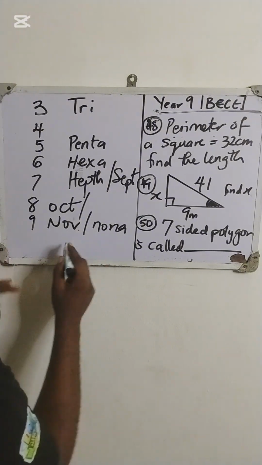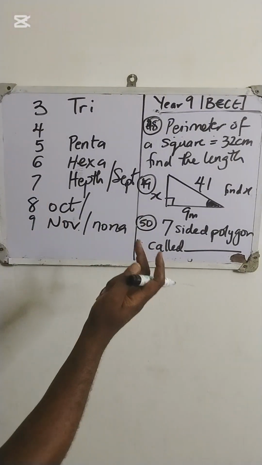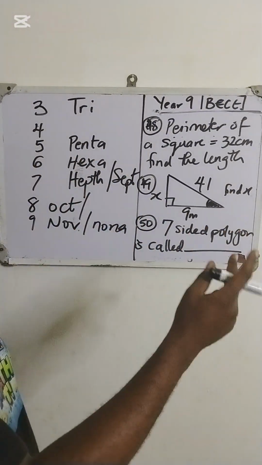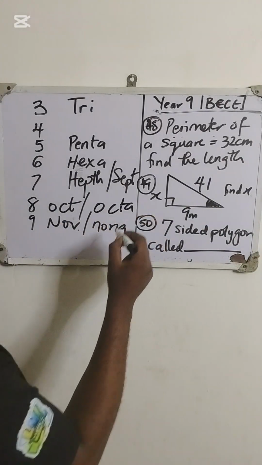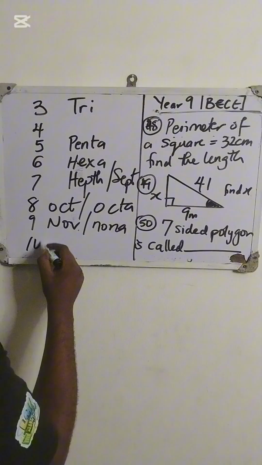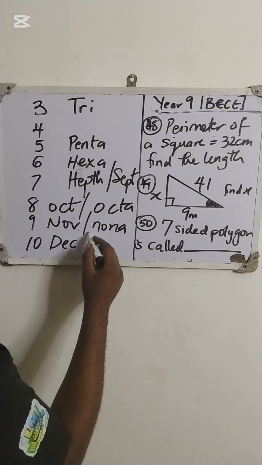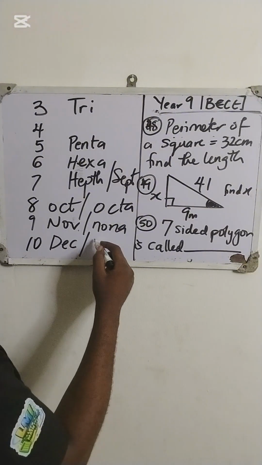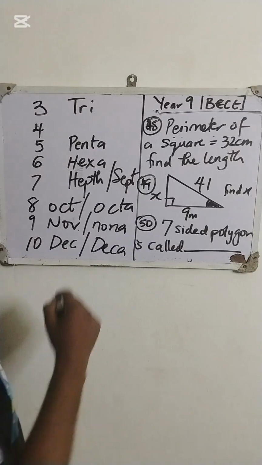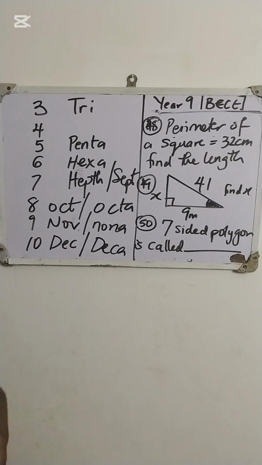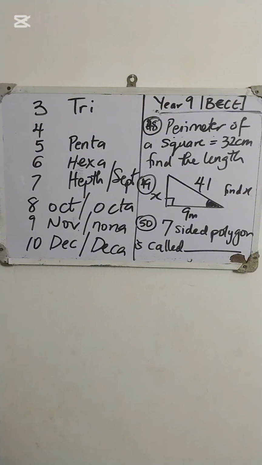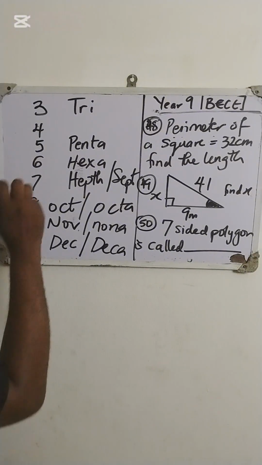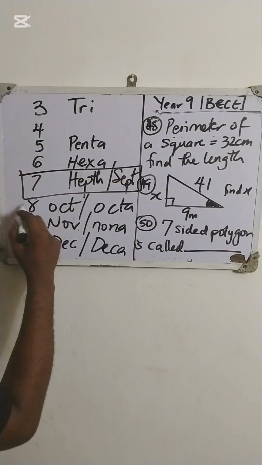I'm purposely using the months so that you remember. Sept, hept, October, octagon. Then 10, dec, December, decagon. 11 is undecagon and 12 is dodecagon. Just in case. So the 7-sided polygon is called a heptagon.